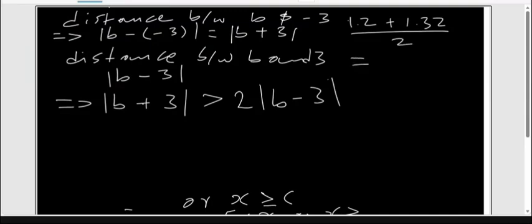Okay, 1.2 plus 1.32 divided by 2 is 1.26. So the midpoint is 1.26.